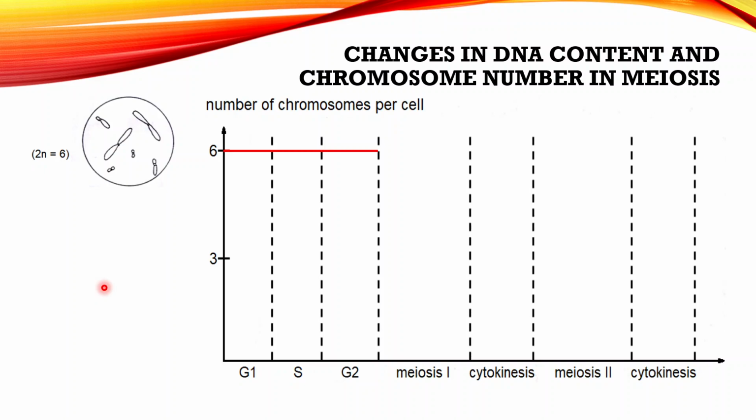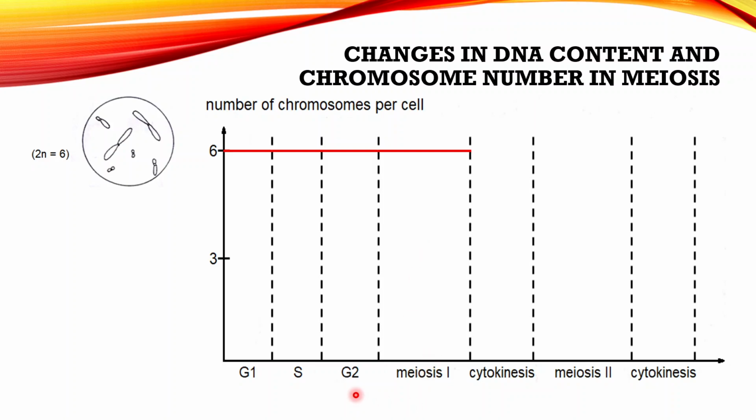No change in G2, still 6 chromosomes. Okay, and then in meiosis 1, no change, because whether it is prophase 1, the 3 pairs becomes 3 bivalents, or anaphase 1, when the 3 bivalents separate back into 3 pairs of homologous chromosomes, and then telophase 1 to form 2 nuclei, the number of chromosomes per cell is still the same.